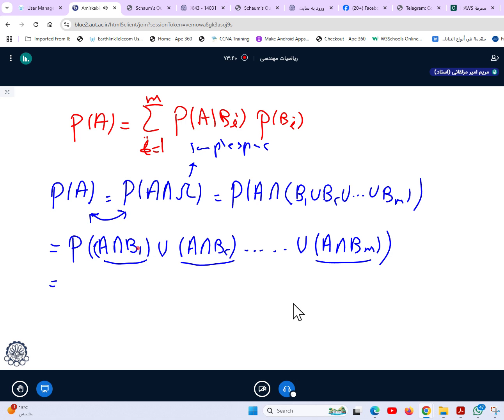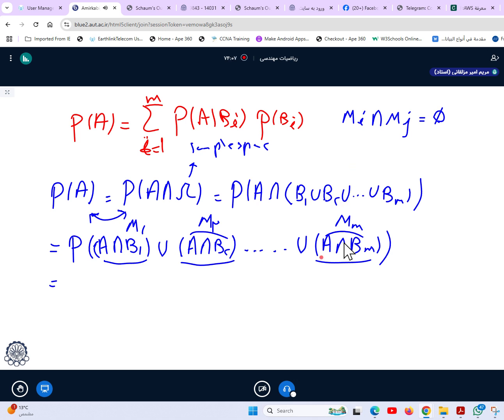For example, we called A intersection with B1 as M1, A intersection with B2 as M2, and A intersection with Bm as Mm. We said that Mi intersection with Mj is empty, so Mi and Mj are disjoint.